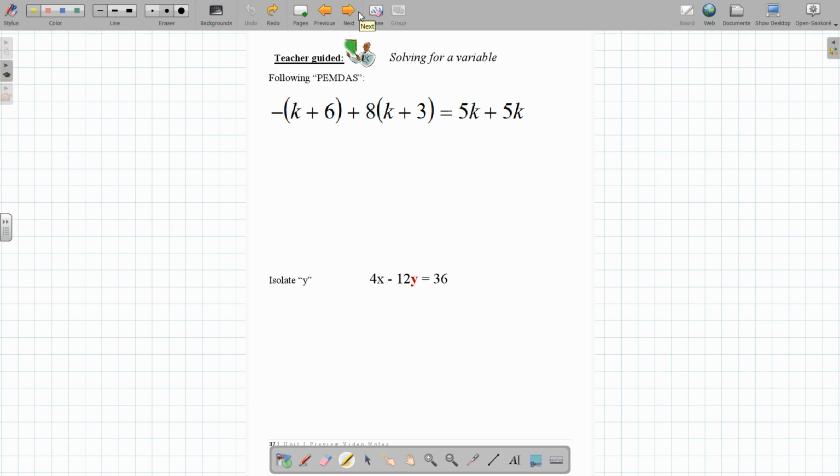Solving for basic variables. Key things you want to watch out for.